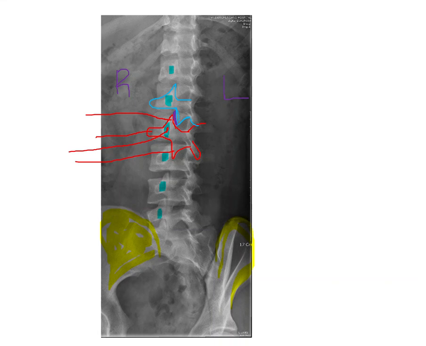It's an RPO position, right posterior oblique position with an AP projection of the beam. So I hope this was helpful in identifying the position of the patient by looking at the x-ray and identifying the anatomy and what we're looking for in our x-rays here.